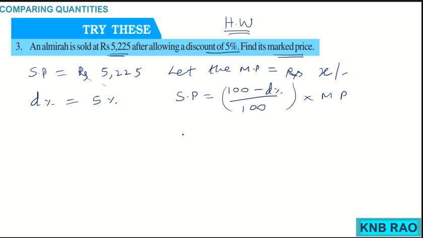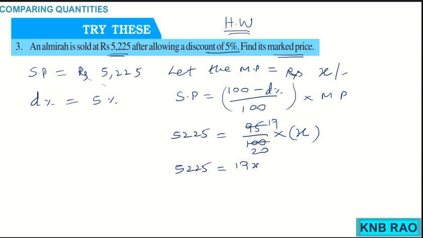Substitute in that: 5,225 equals (100 minus 5 gives 95) by 100 into rupees X. So 5 19s are 95, 5 20s are 100, so 5,225 equals 19 times X by 20. If I want to calculate X, I will send this fraction 19 by 20 to this side. So 5,225 multiplied by 20 upon 19.